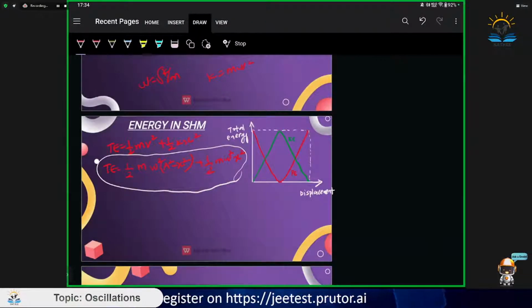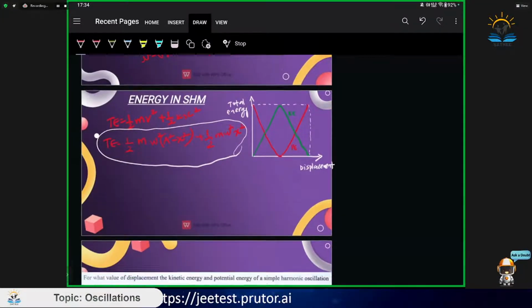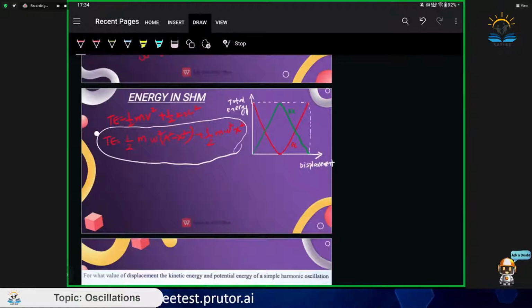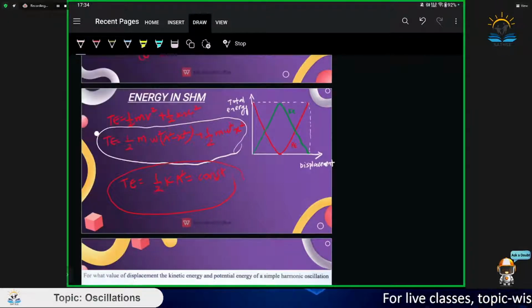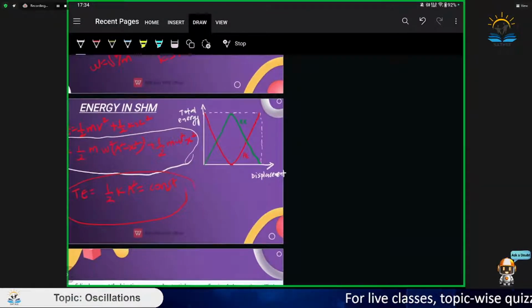Solve this, half omega square x square will get cancelled. Total energy is actually half k a square, which is constant. So in SHM, total energy is constant. This is the graph, a parabolic graph.